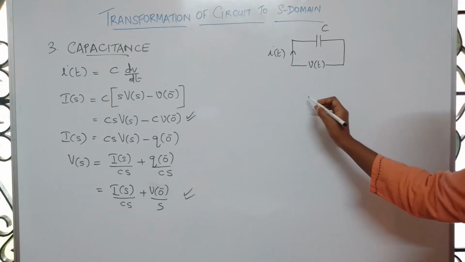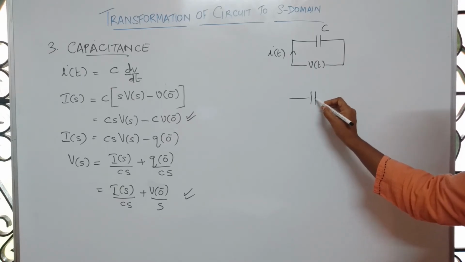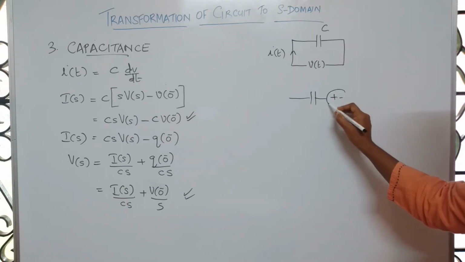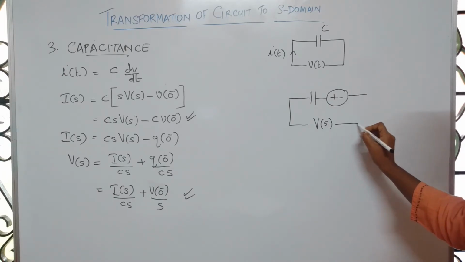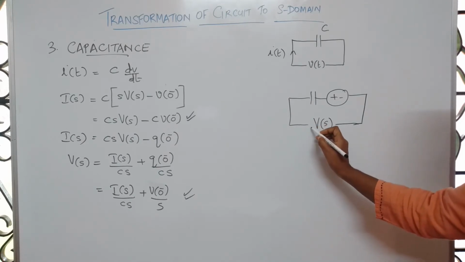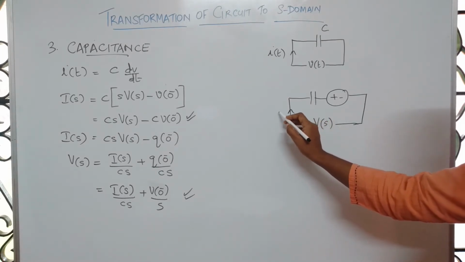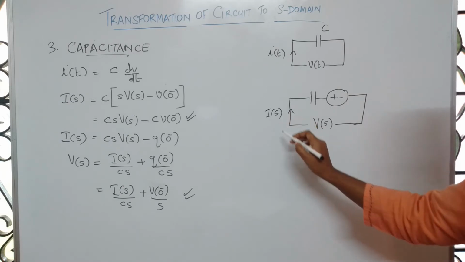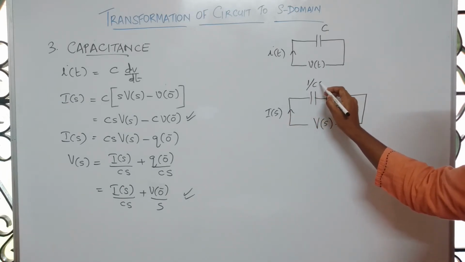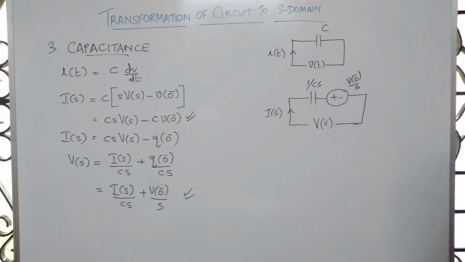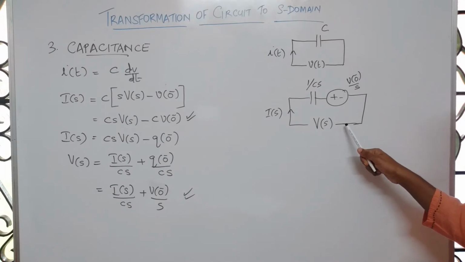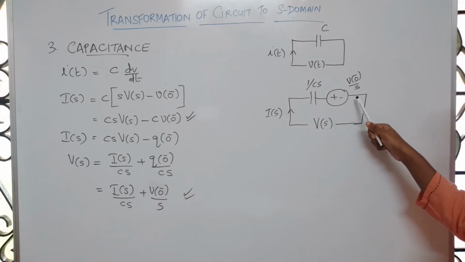That is, you have a capacitor, V(s) is applied across this, resulting in a current I(s). This value will be 1 by Cs, and this will be v(0-) by s. So this is the S domain representation of a capacitor when the initial condition is given.